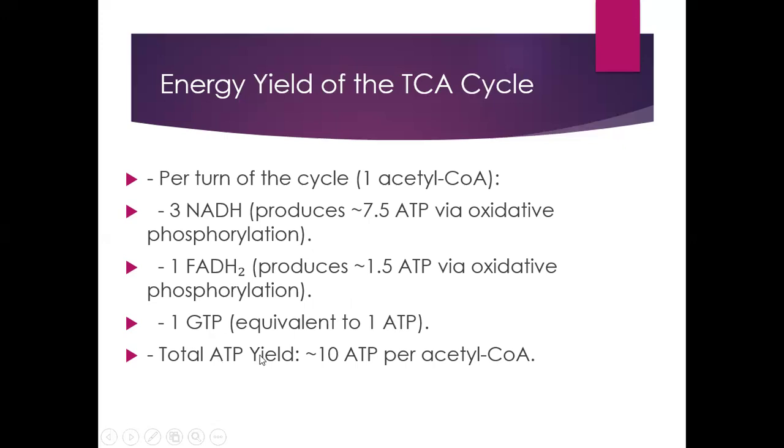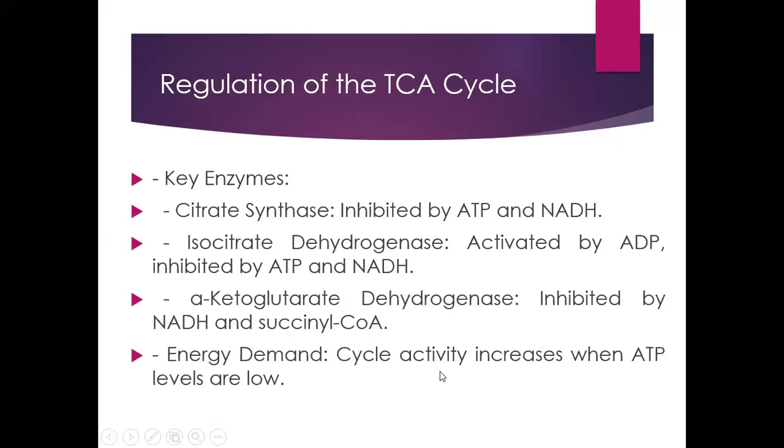So the total yield of ATP from a molecule of acetyl-CoA that is completely oxidized through the TCA cycle is 10 molecules of ATP. 10 molecules of ATP are produced per molecule of acetyl-CoA that is completely oxidized through the TCA cycle. Now we want to look at the regulation of the TCA cycle.